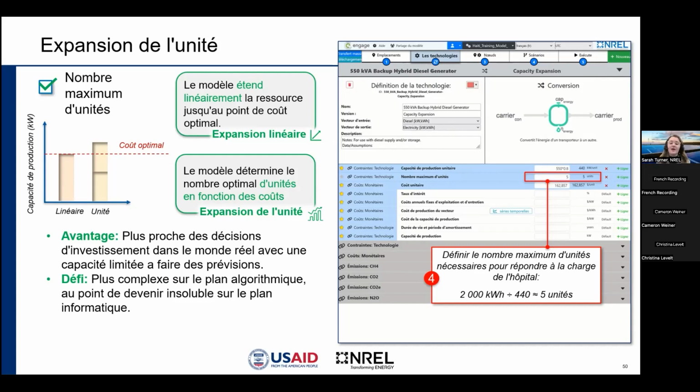To avoid this problem, we will limit the number of units needed to serve the maximum load for the hospital, which is approximately 5 units if the individual backup diesel generator has a real power production capacity of 440 kilowatts.